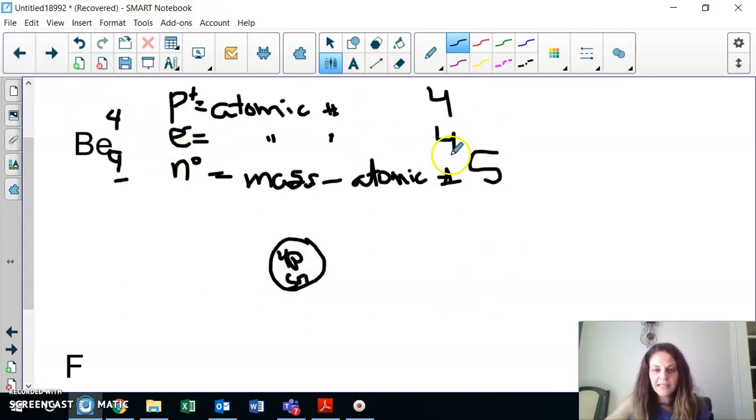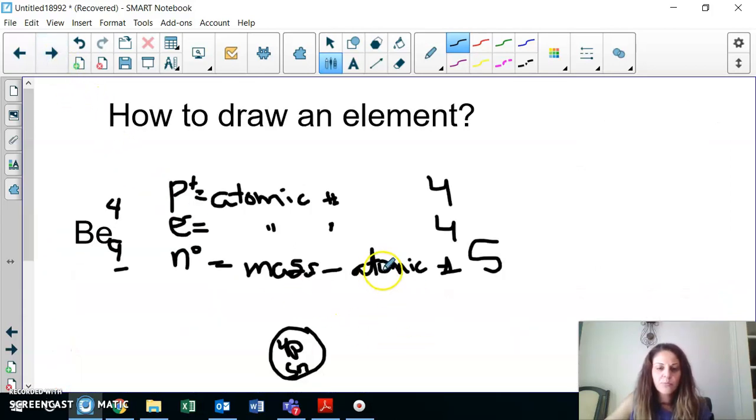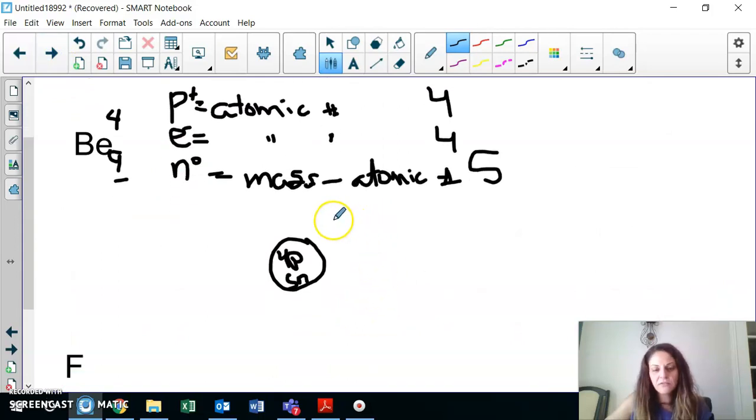Okay, now where are we going to draw those electrons? I have 4 to place. So it says here that beryllium is on period number 2 and family number 2. So period number 2 means I need to draw 2 energy levels or shells. And it has 2 valence electrons. Valence electrons, reminder, it's the amount of electrons on the last shell.